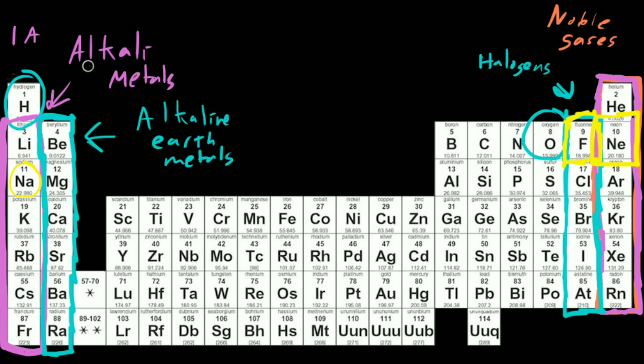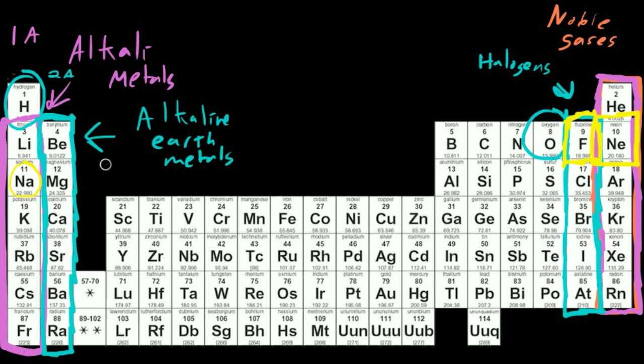They're not as reactive as the alkali metals in group 1A, and this, by the way, is group 2A. We'll talk more about the groups in the future, but these alkaline earth metals aren't as reactive as the alkali metals, but they're still very reactive. They very much want to get to having a noble gas-like electron configuration. So they are going to react. They are going to form compounds.